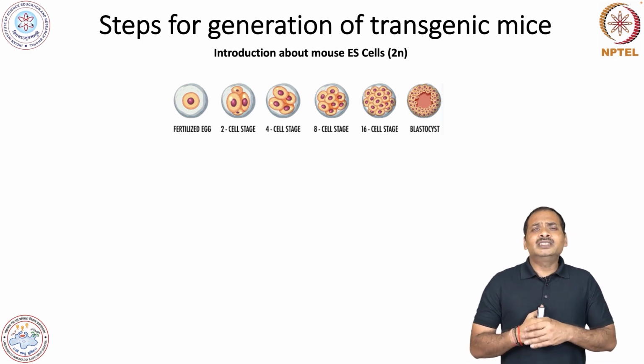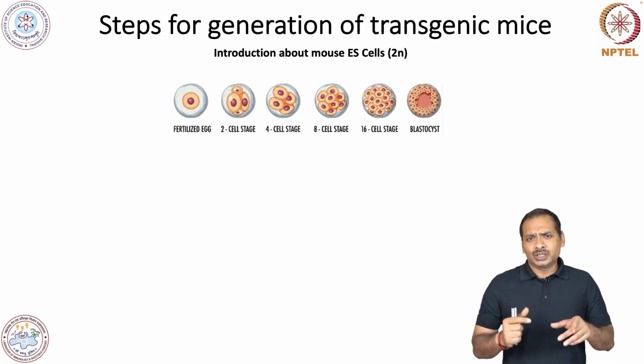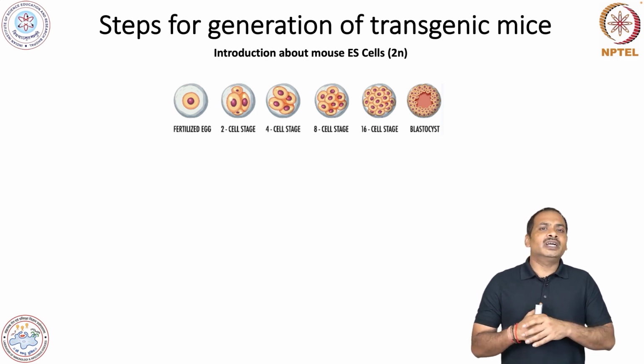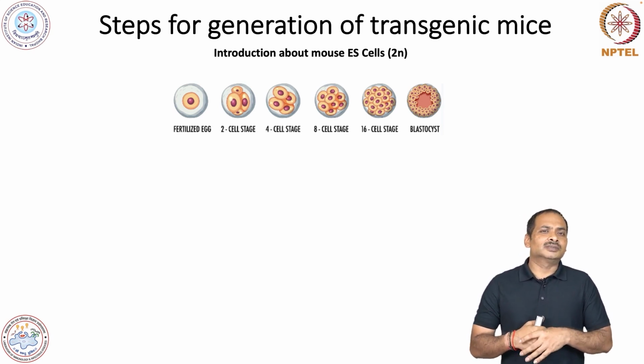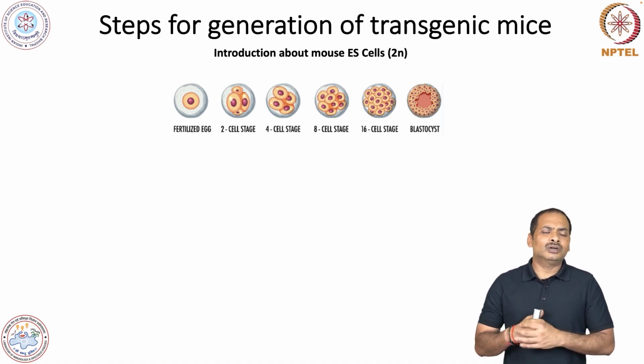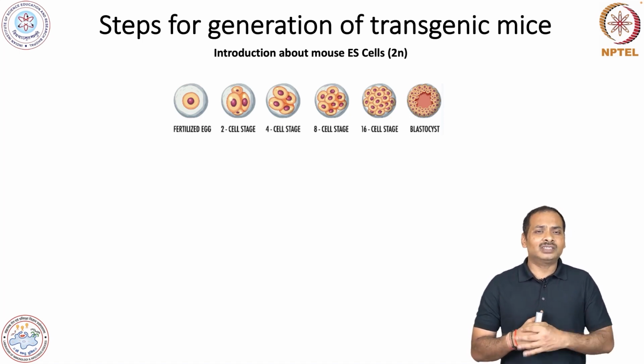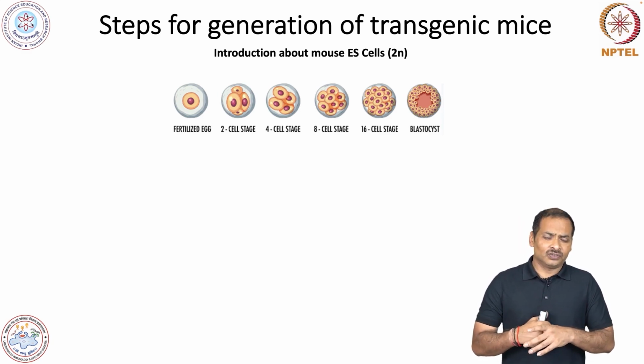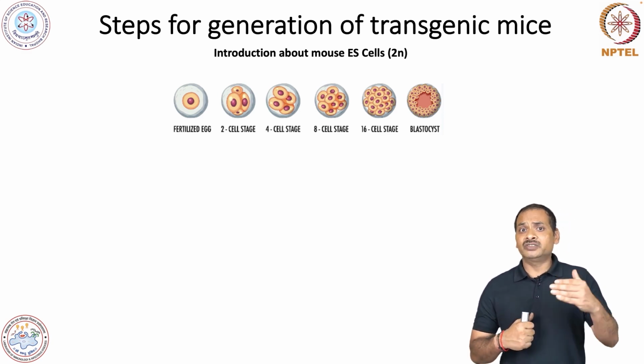These embryonic stem cells grow in colony form. And in the medium we add a special factor, you can call it a cytokine or factor or hormone, which we call LIF. Okay, LIF, the leukemia inhibitory factor.